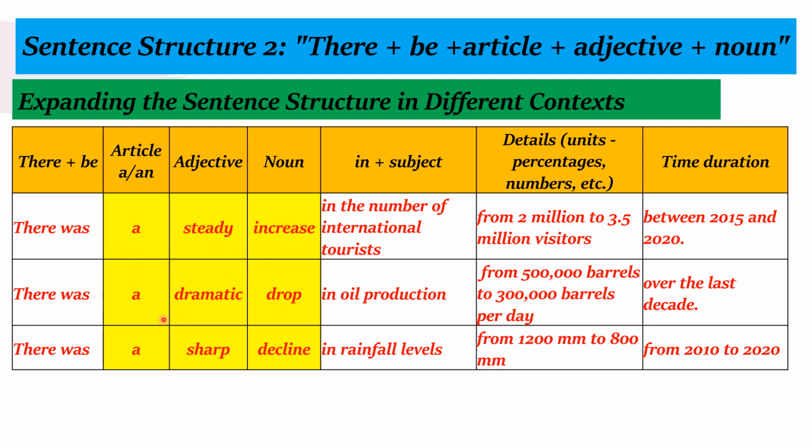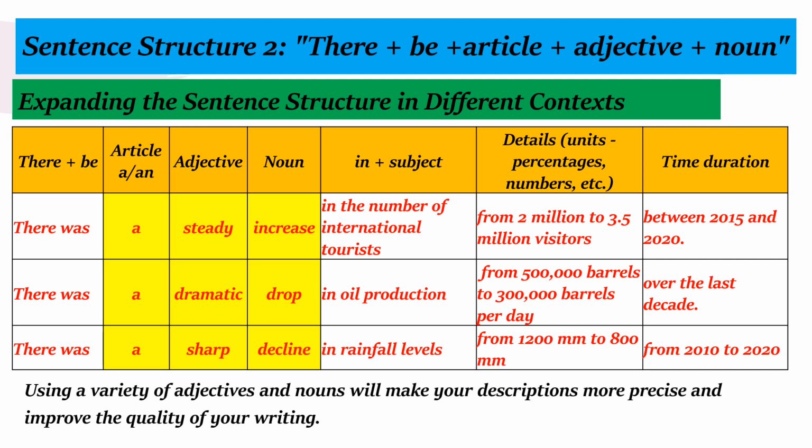Instead of a sharp decline, you can say a sudden decline or an abrupt decline. Similarly, instead of a dramatic drop, you can use a significant decrease or a considerable decline. Using a variety of adjectives and nouns will make your descriptions more precise and improve the quality of your writing.